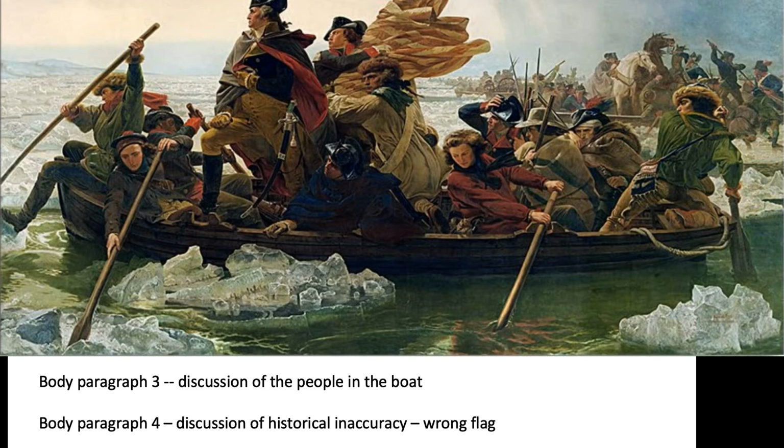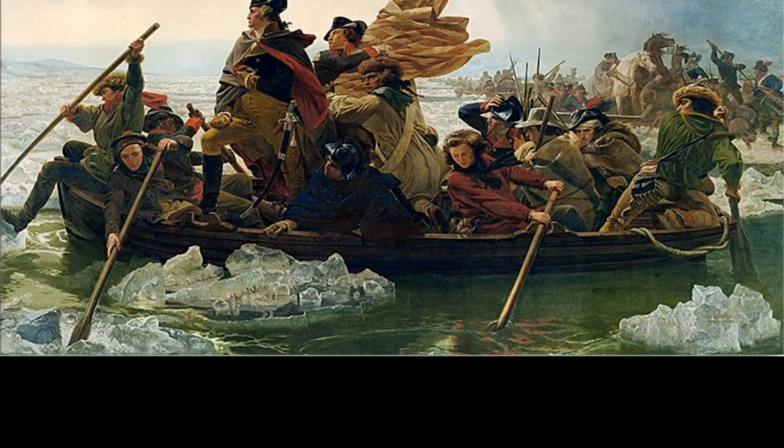He would not have been surrounded by a whole bunch of different kinds of people. He would have had his people around him, his immediate troops. The painter chose to have different kinds of people to make it look more like a representative democracy, but it's a historical inaccuracy.